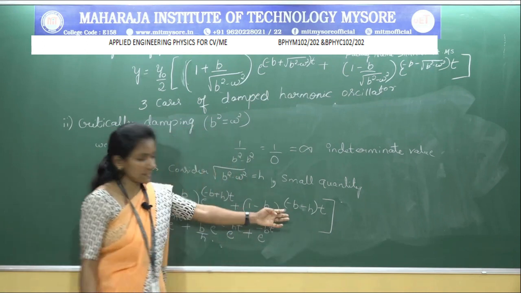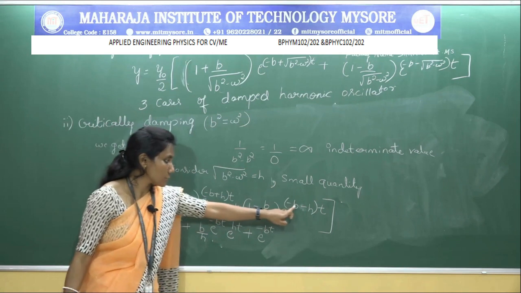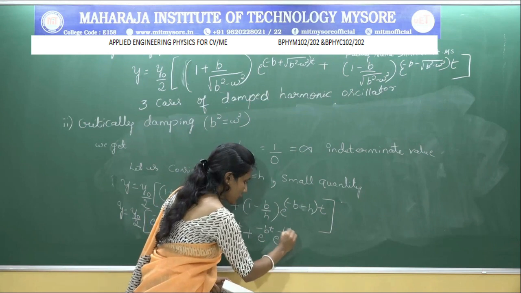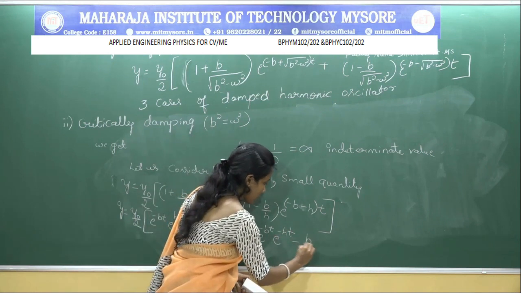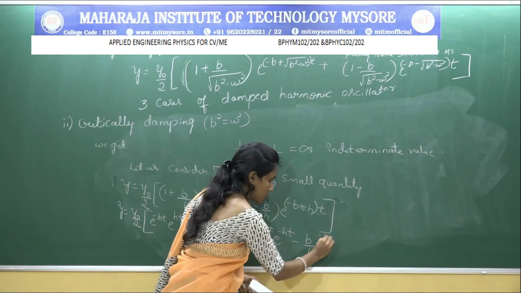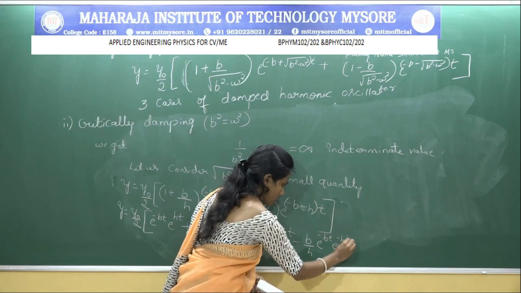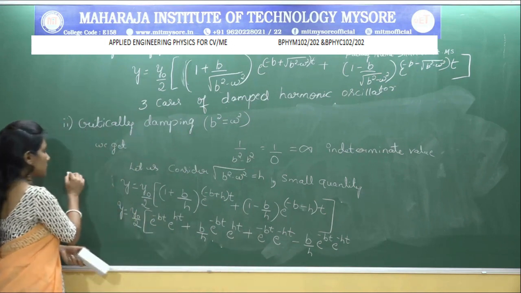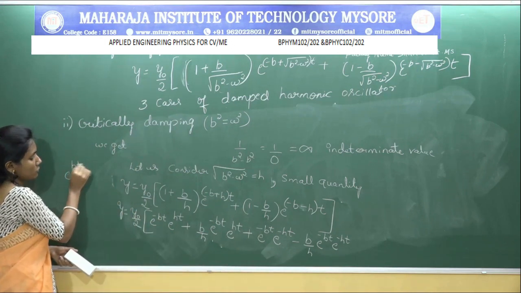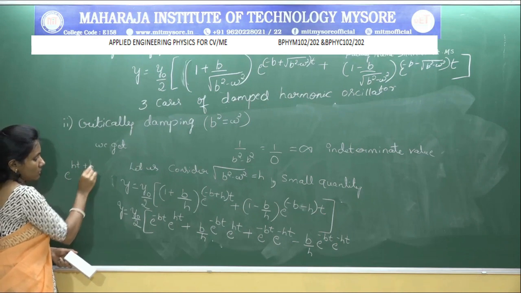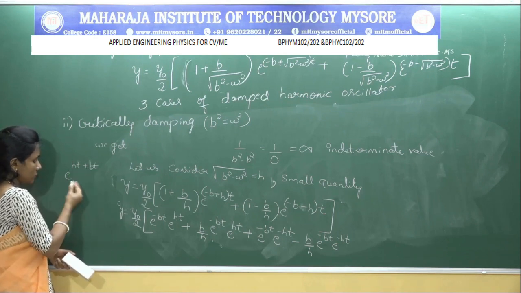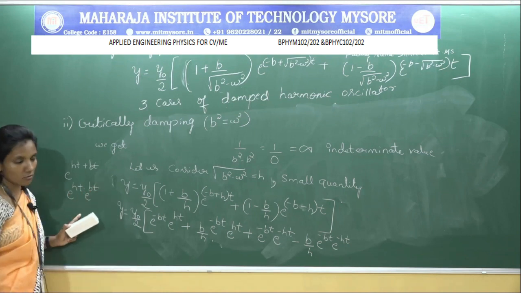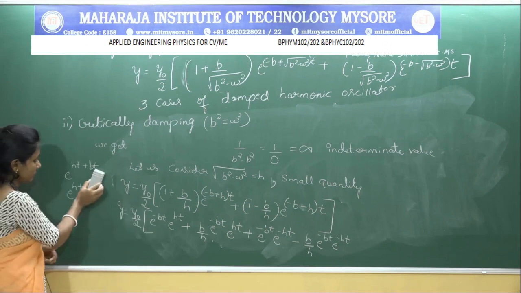So if we split this equation, we get e to the power of minus bt into e to the power of minus ht, then minus b by h e to the power of minus bt into e to the power of minus ht. We know that when we split the exponential of an addition, we write it like this, so that is what I have written here.